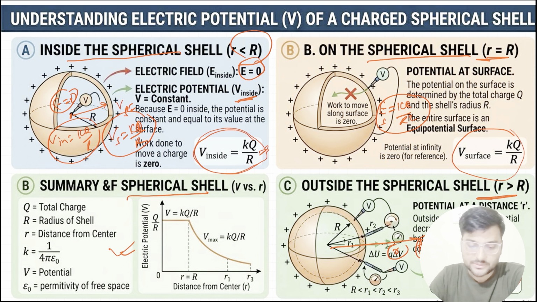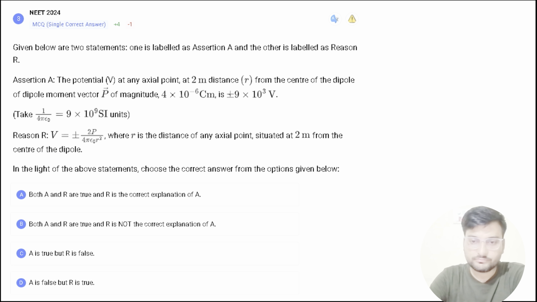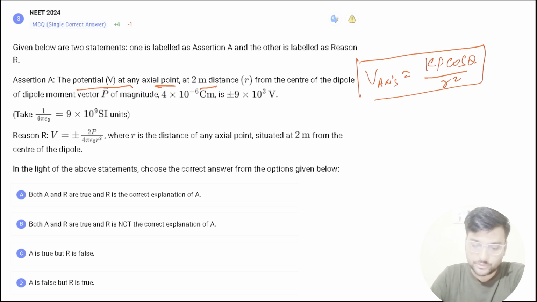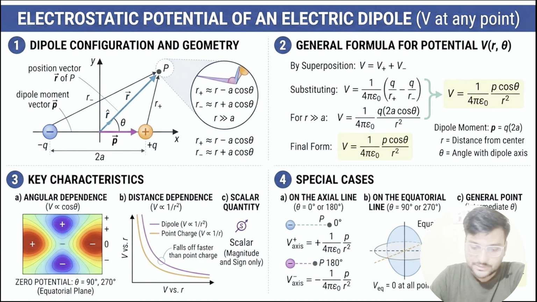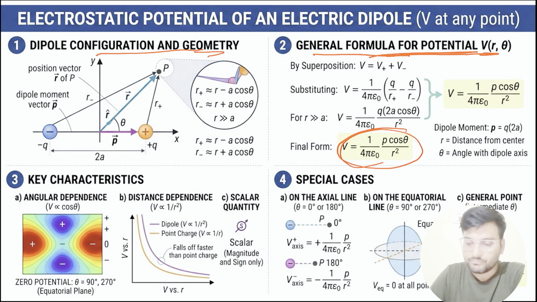Now when discussing the next question, the potential of the axial point of the dipole is given to you, that is kp cos theta by r square. We know this formula. Let me show you the theory part also. This is the general formula for V at this point: kp cos theta by r square.